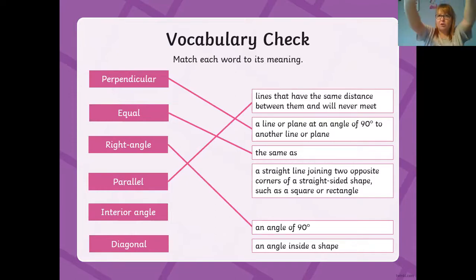They'll just continue off into the distance. Interior angle, so if we're talking about interior angles, we're talking about the angles on the inside of the shape. And then the last one is diagonal, so a straight line joining two opposite corners of a straight-sided shape.